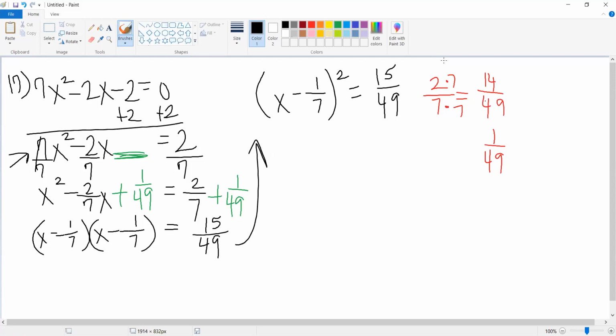Usually when you get to this point in completing the square, now you can switch gears and use the square root property. So we'll take the square root of both sides.